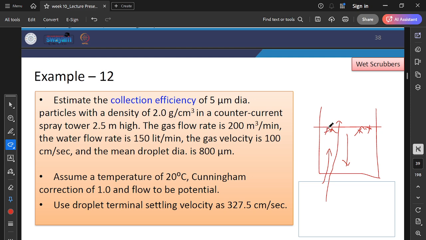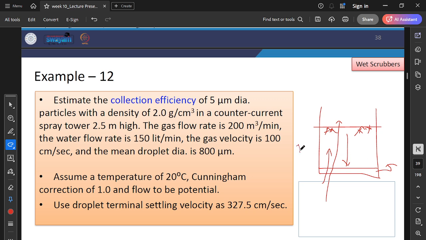All the mechanisms we have seen, due to Brownian motion, inertia, impaction, absorption and adsorption, everything will happen, and the particles will be captured in the droplets, and the water will be collected at the bottom. That water will go to the water treatment plant. So this is the principle of wet scrubbers.